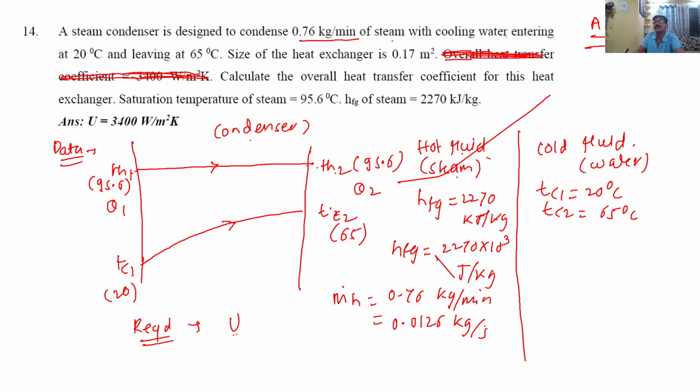Let's write the data by interpretation. A parallel flow heat exchanger. So I will do it here, parallel. Draw the temperature profile for parallel flow. Both fluids are entering from the same side, that is the left side, and exit from the right side. So here is TH1, here is TH2, this is TC1, this is TC2. The difference between these two is theta1 and the difference between these two is theta2.